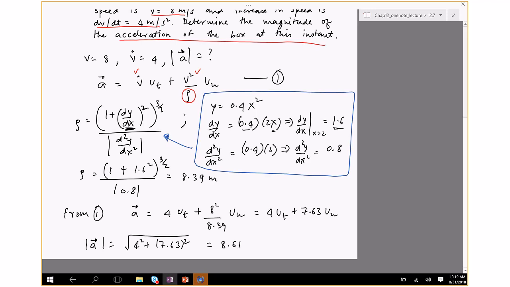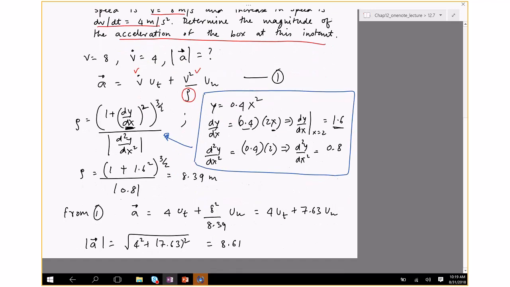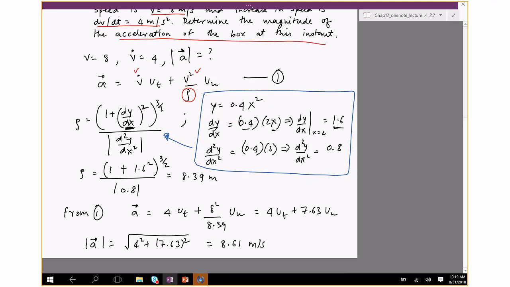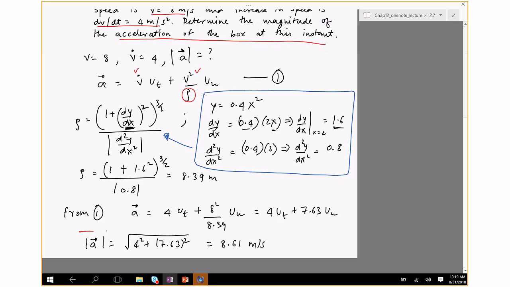The units are in meters per second. Meters per second squared. Good catch.